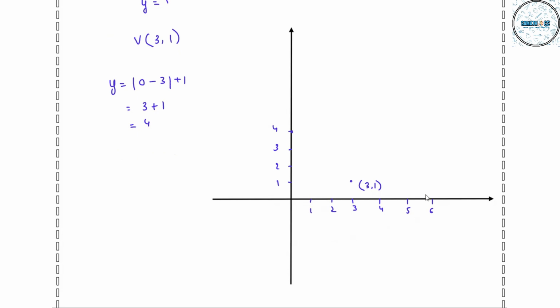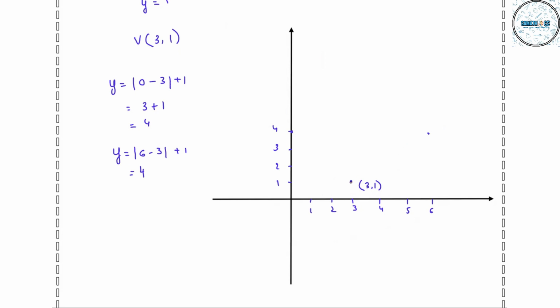So another value we can take as 6. You can take 4 or 5 or 6, any value you can take, but we are taking 6 here. So 6 minus 3 is 3 and absolute of 3 is 3. So 3 plus 1 is 4. So at 6, it is 4. So you can mark the point over here.